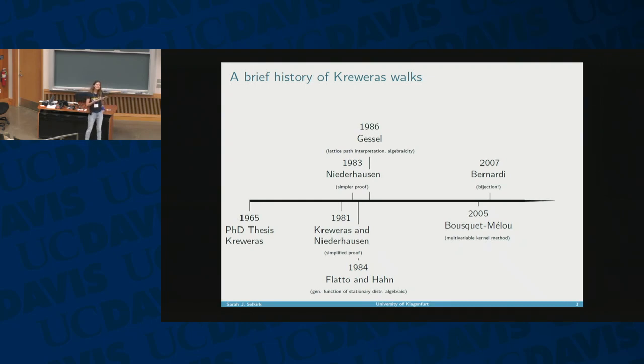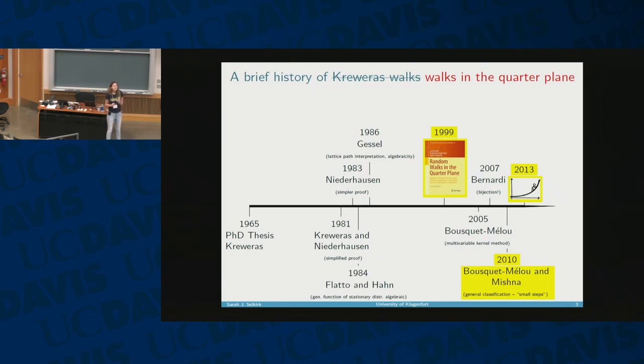I know this is a little bit of an oversimplification if you know the history, but essentially the development of methods for dealing with Kreweras walks ultimately led to a rapid increase in research in this direction. So after the direct derivation could be done, Mireille Bousquet-Mélou and Marni Mishna then went on to classify all walks in the quarter plane with small steps.